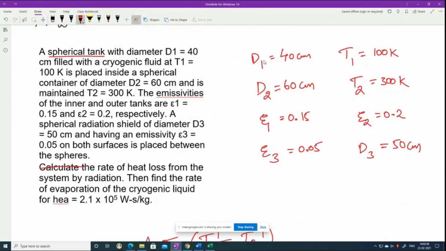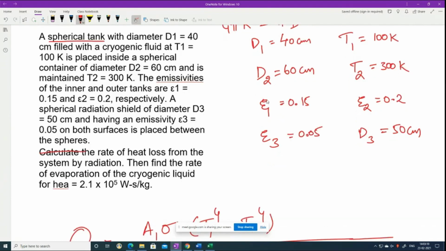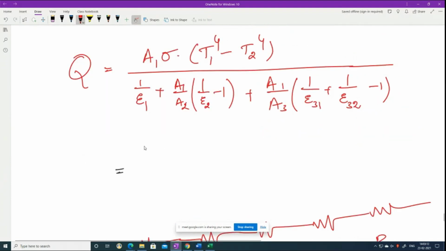What is the surface area of a sphere? Yes, please speak out. If you can't speak, I cannot help actually. It is 4 pi r square, or it is also equal to pi d square. Anyone you can use. Since the diameters are given here, we can use pi d square.